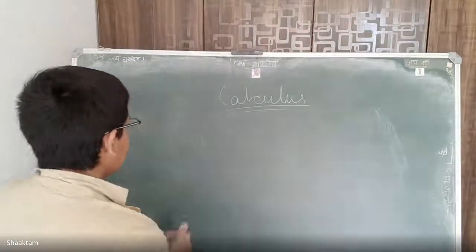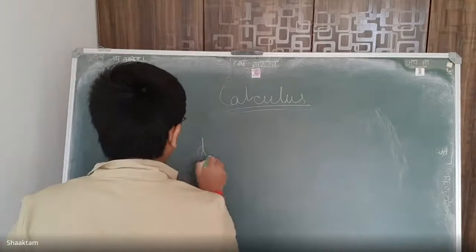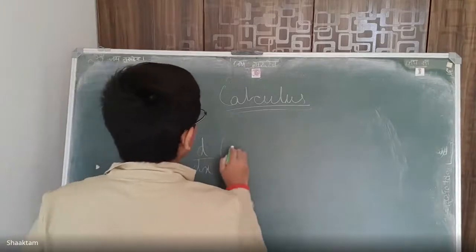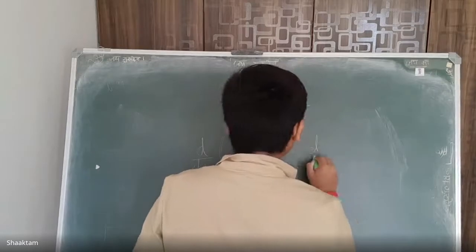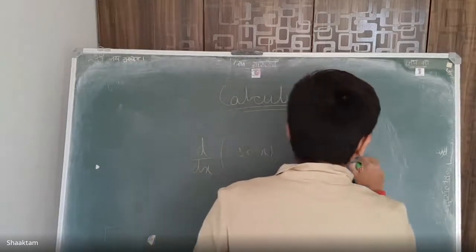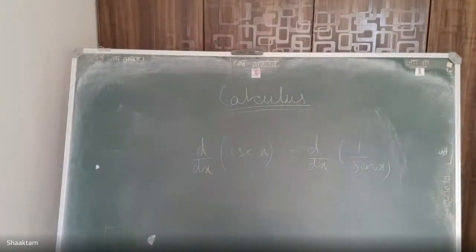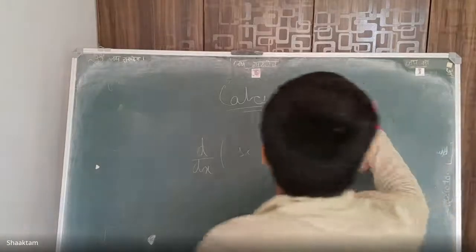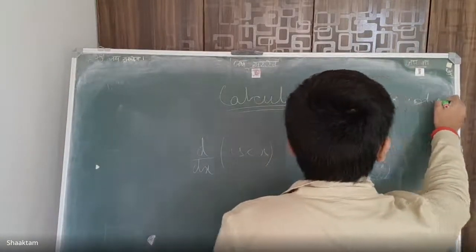For example, take what we had learned for cosec x: d by dx of cosec x. Cosec x is nothing but 1 by sine x. We had learned that d by dx of cosec x is minus cosec x cot x. So let us see how we came about that.